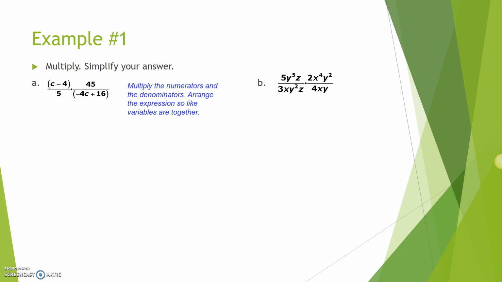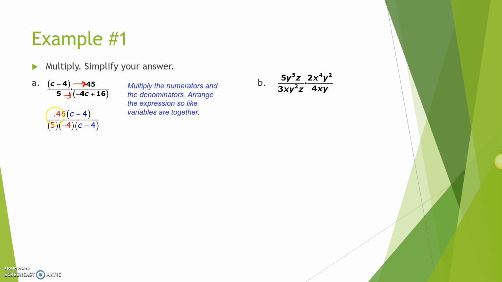The first step is to multiply the numerators and denominators, and then arrange the expression so like variables are together. So we're going to multiply c minus 4 times 45, and multiply 5 times negative 4c plus 16. Notice they arranged the expression so like variables are together.